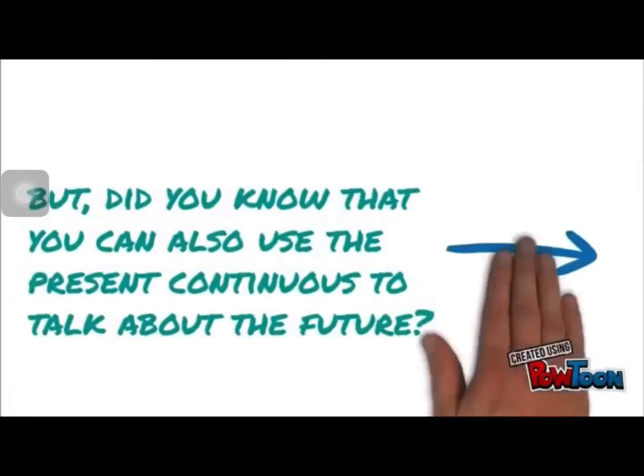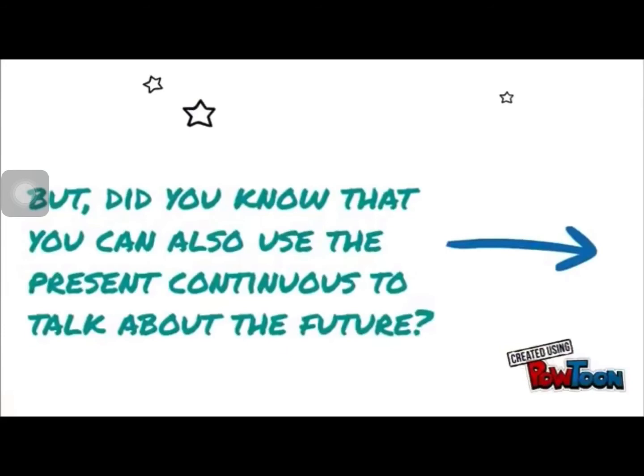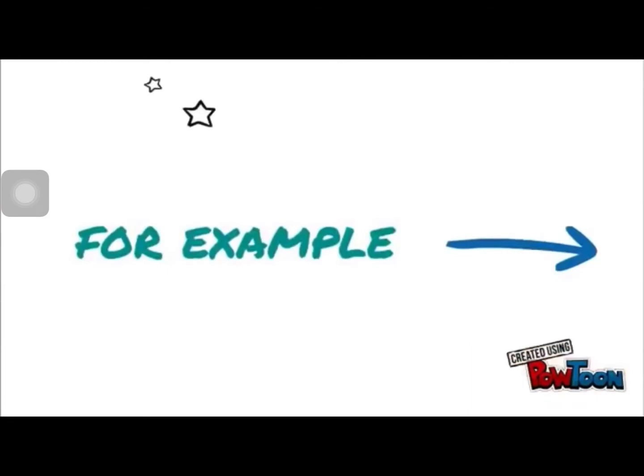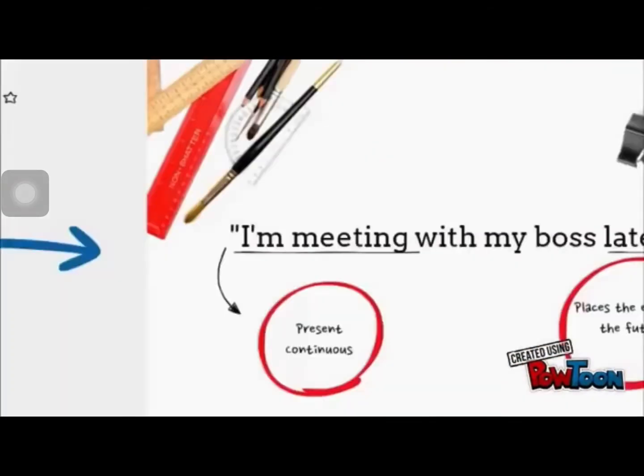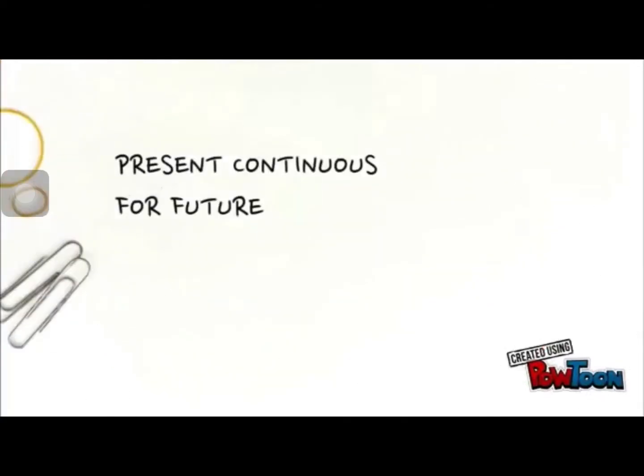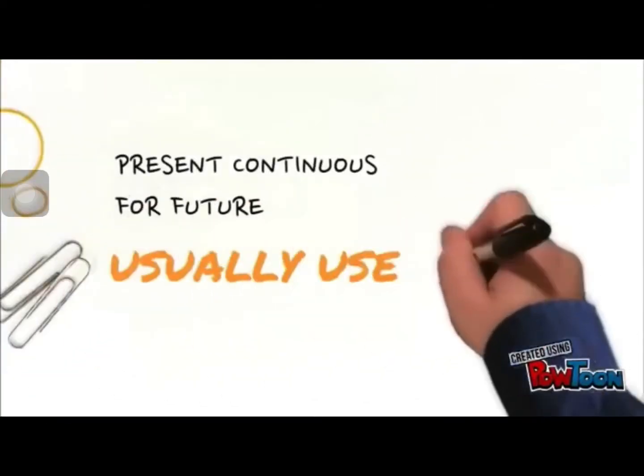But did you know that you can also use the present continuous to talk about the future? Yes, you can. For example, I'm meeting with my boss later today. I am meeting is the present continuous using the helping verb am. And the phrase later today is what will happen in the future.